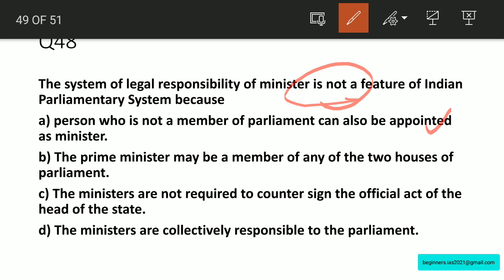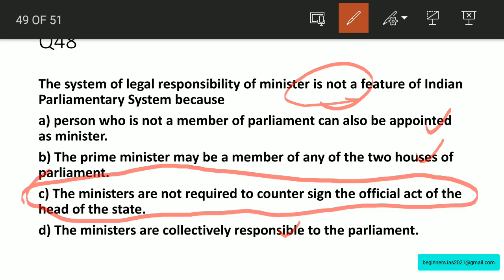The Prime Minister may be a member of either of the two houses of Parliament. Yes, this is also a feature. And the ministers are not required to countersign the official acts of the head of the state. The ministers are collectively responsible to Parliament. See, this is right. So the answer would be C.